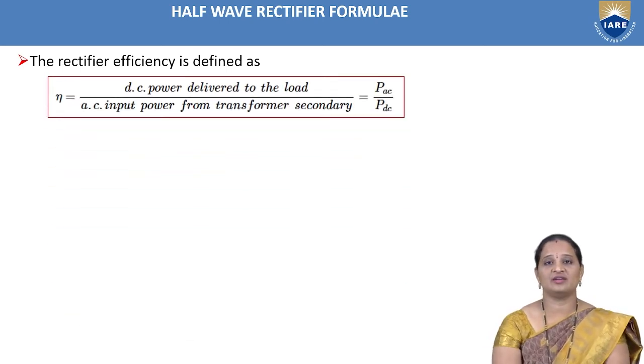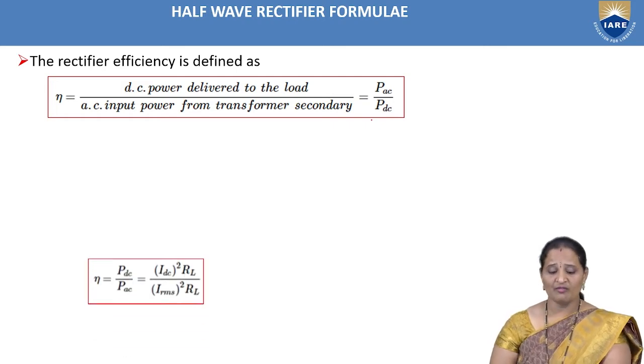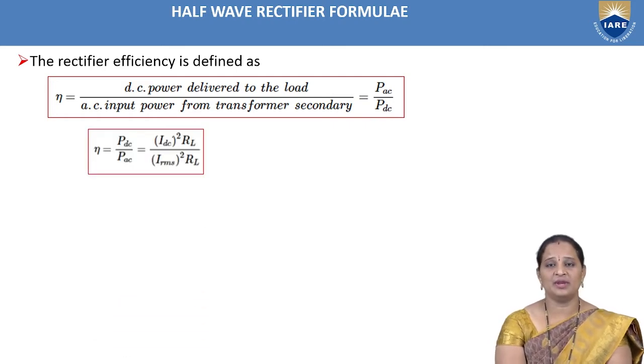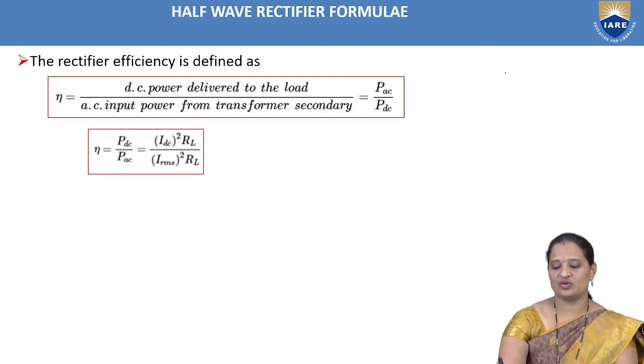As we all know, efficiency is defined as the DC output power delivered to the load to the AC input power from the transformer secondary. So this is defined as a ratio of PDC to PAC. As we all know, power is equal to V into I, and V is equal to IR.